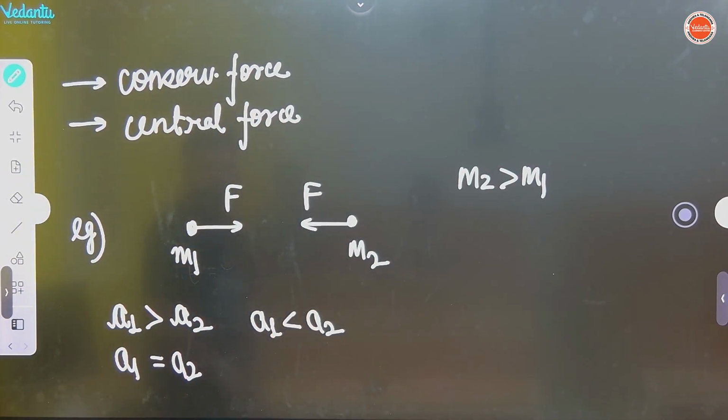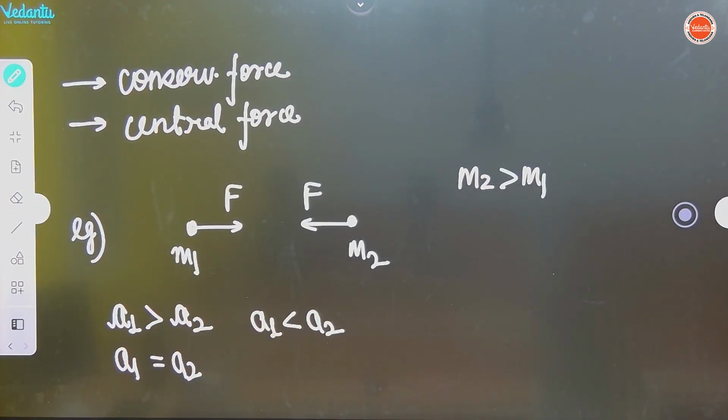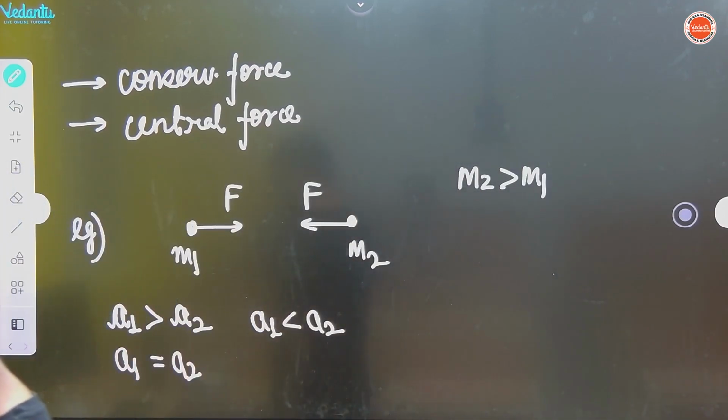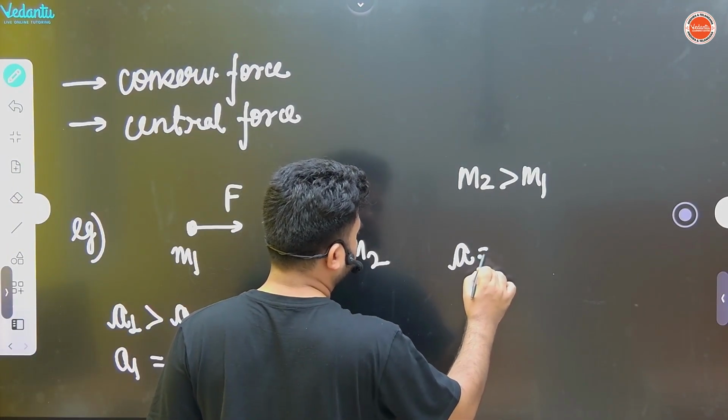Think. Any answer? What is acceleration? Acceleration is force divided by mass.